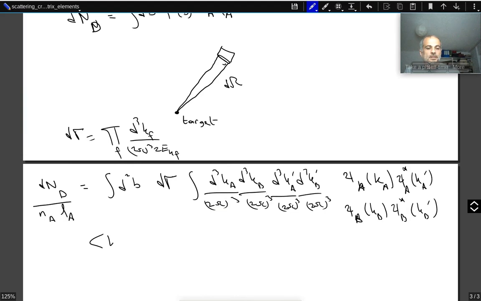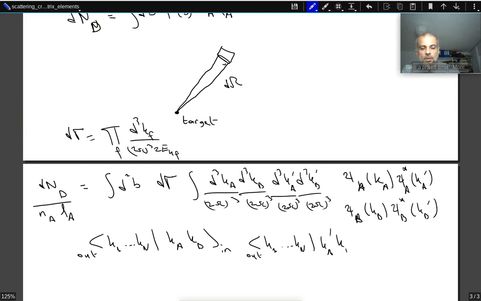There is the out state K1, Kn, with Ka, Kb in, multiplied by the out state K1, Kn, with Ka prime, Kb prime, conjugate, and then I have e to the power ib times Ka minus Ka prime.